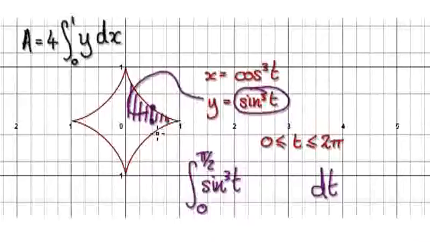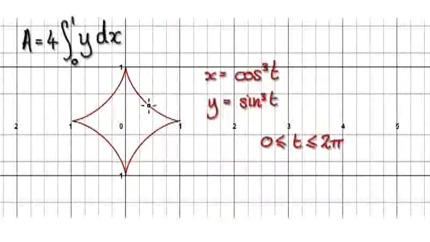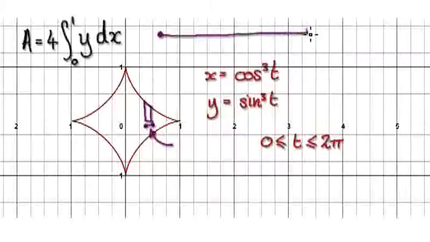Now, we need to know the thickness of this thing in terms of t. Let me just exaggerate the thickness of this strip. We will need to know the thickness in terms of time. So let's say at this particular point here, the time is here, and then a small change in time, from here to here, is your dt.